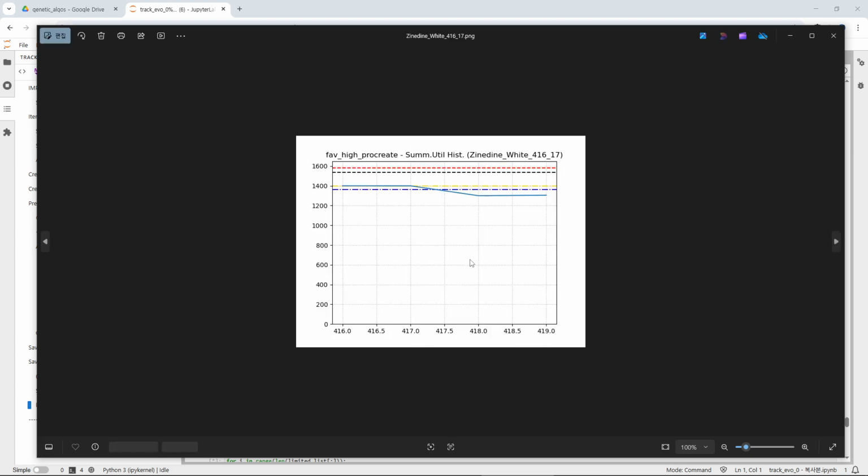It won't make any difference, but I can just sort these plots by the time they were created.